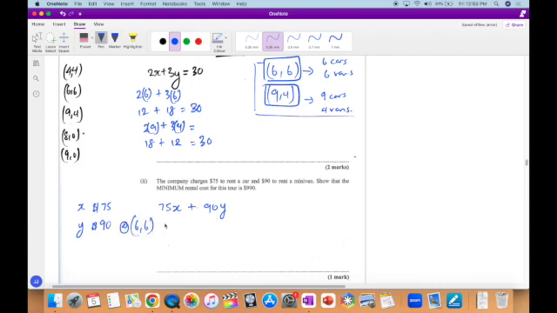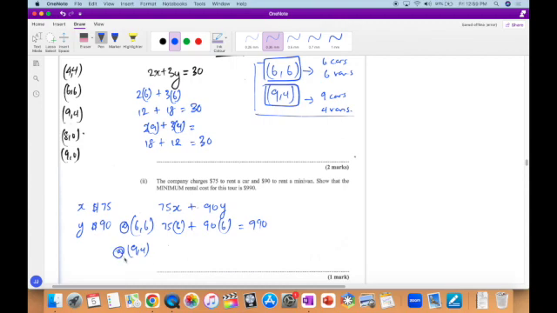At 6, 6 we have 75 times 6 plus 90 times 6. And what does that give us? This gives us 990. What about 9-4?